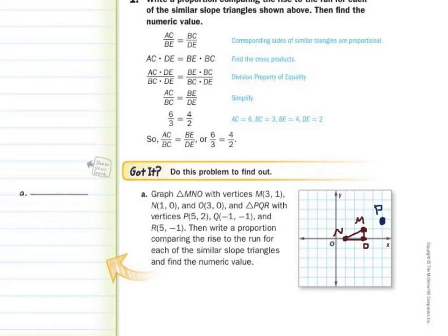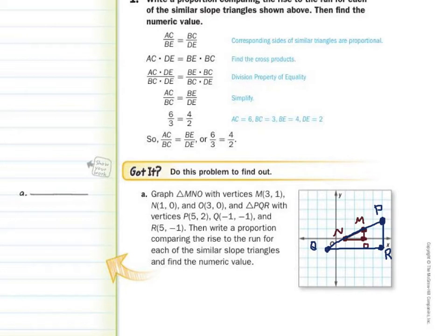We have Q at (-1, -1), which is out here. And then we have R at (5, -1), which is out there. So there we have our two triangles.